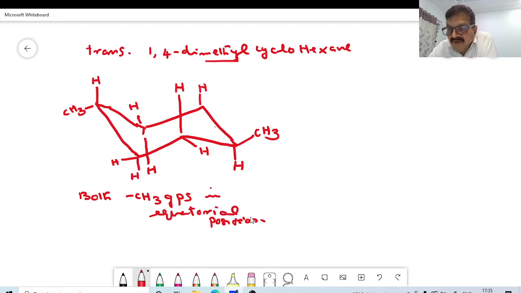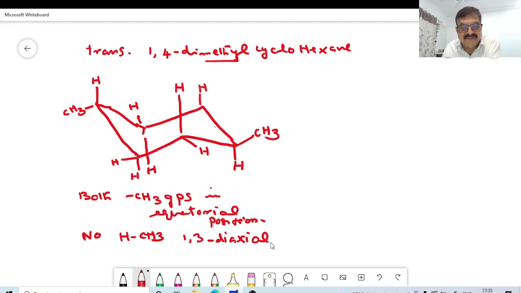Here there will be no hydrogen-methyl 1,3-diaxial interaction. This is the equatorial position. Here there is no interaction. Both methyl groups are in the equatorial position, therefore there is no hydrogen-methyl 1,3-diaxial interaction in this conformation.